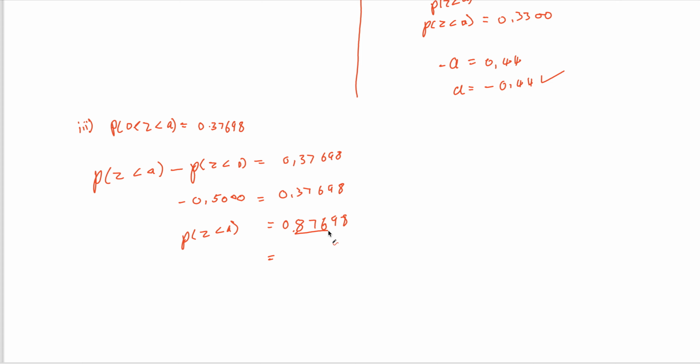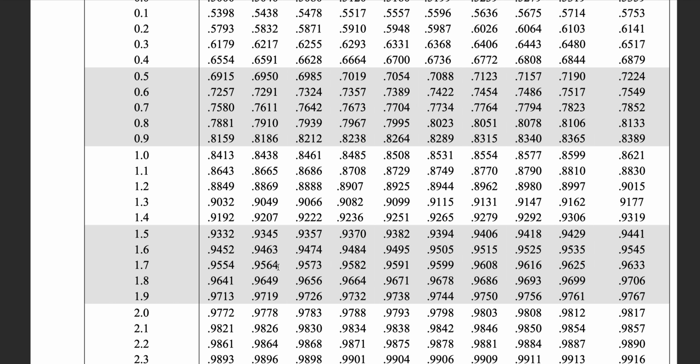So we just need to round off this part to 4 significant figures, which is 0.8770. So now we have P of Z less than A. Now we know that it's positive because this value is greater than 0.5, and now we can say A equals, we can just read off that, which is 8770. 8770 should be somewhere here, there.